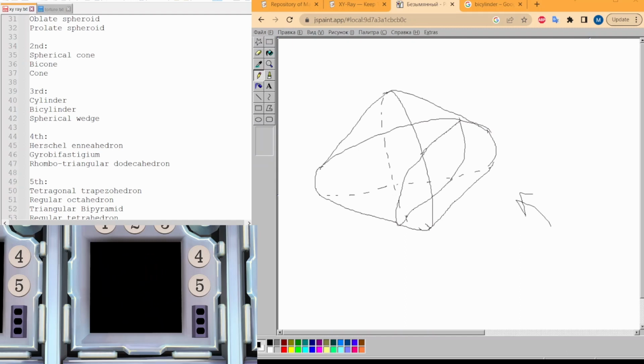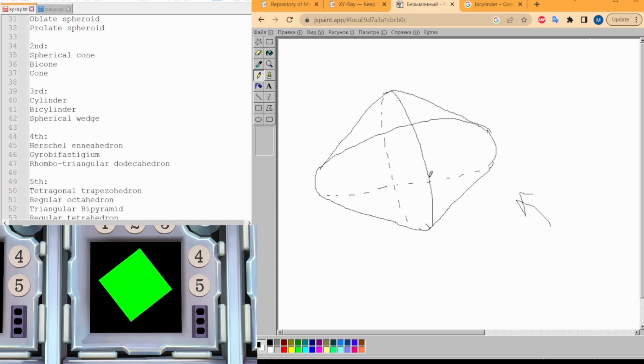And if it is from a bit of an angle, the starting bit is going to be a bit different because at first the section might not get to both sides of the bicylinder.